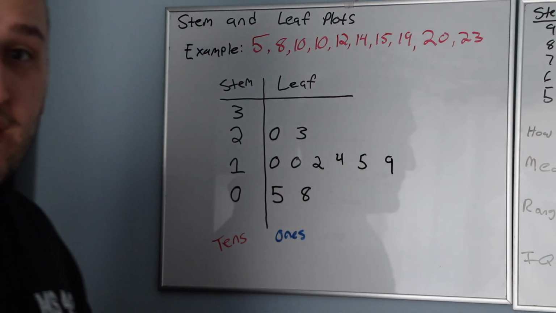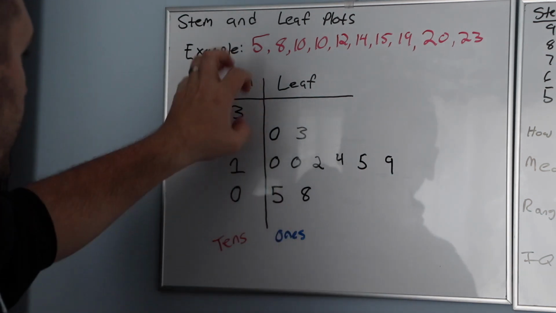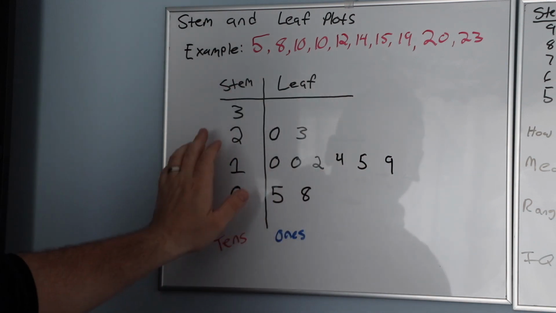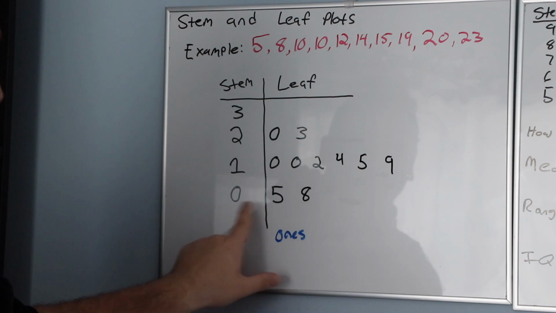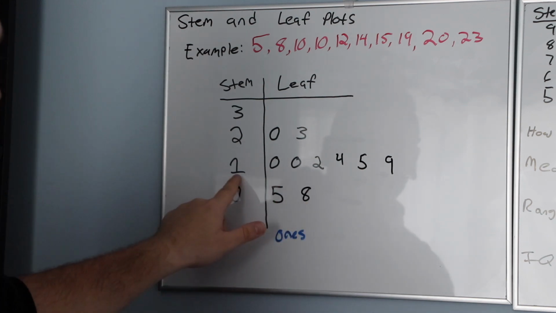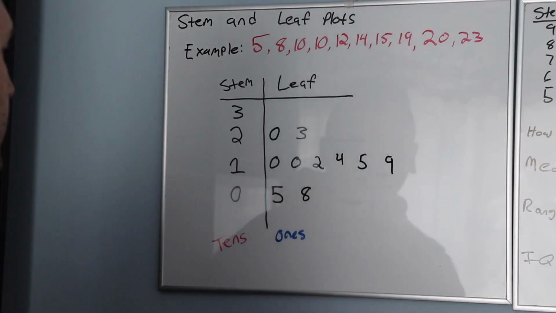And that is how you create a stem and leaf plot. It's really simple and really quick. You just pull out your tens and see what's left over. If you were reading this without knowing the data, you would know there's a value at 5, a value at 8, and then at 10, 12, 14, and so on.